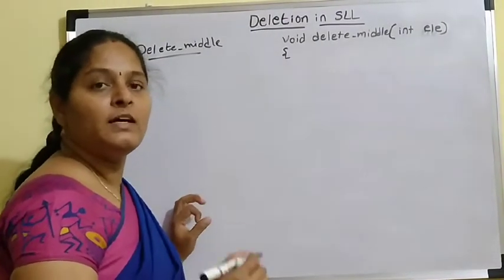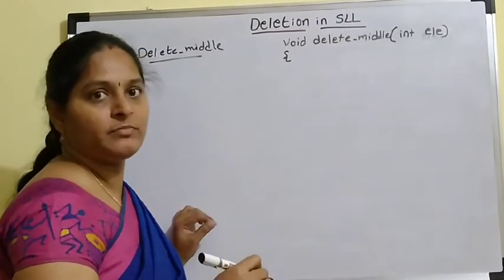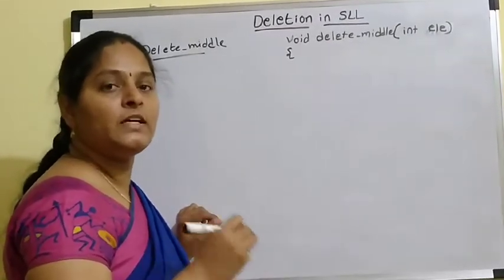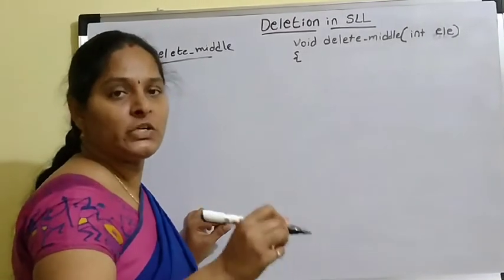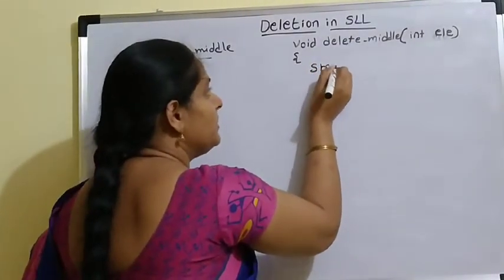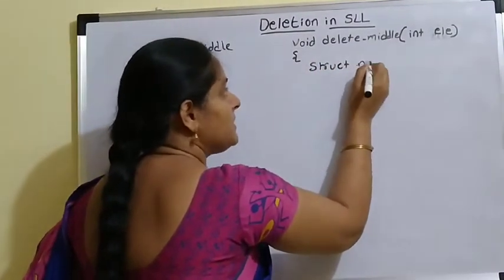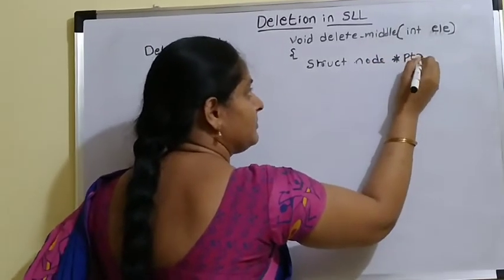Now, as usual, if you want to delete the middle element, first of all we need to find out which node you want to delete. For that reason we need to take one extra pointer to move till the position of the deleting node. So we take one pointer, struct node star PTR.